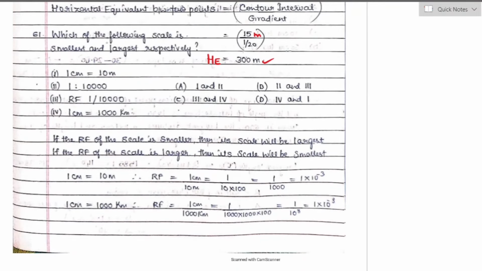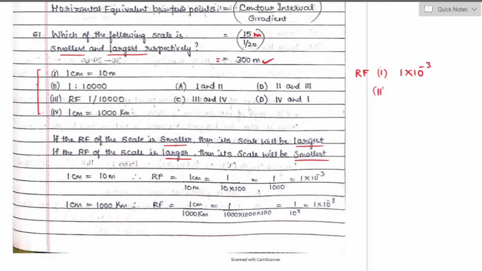Question number 61. Which of the following scale is smallest and largest respectively among these following options? When the representative fraction of the scale is smaller, then its scale will be smallest. And if the representative fraction of the scale is larger, then its scale will be largest. So the representative fraction for option 1 is 1 into 10 to the power of minus 3.